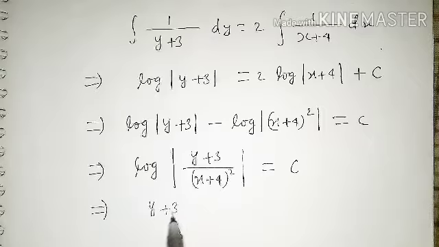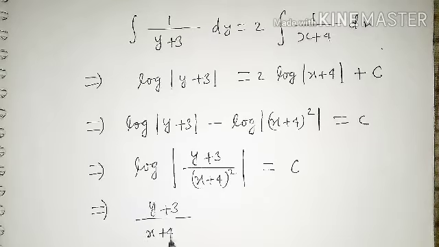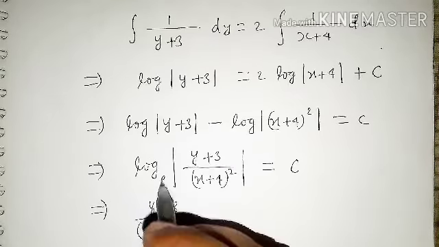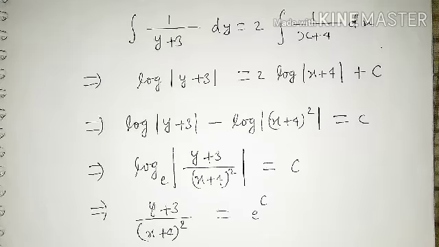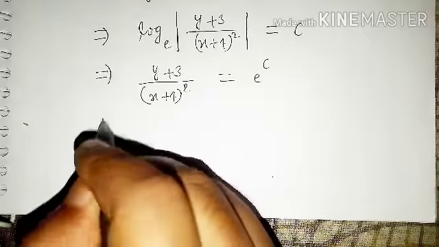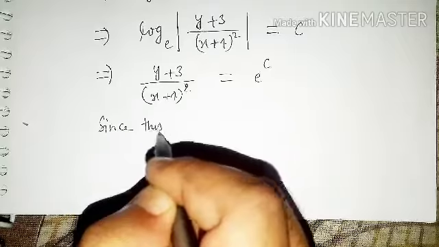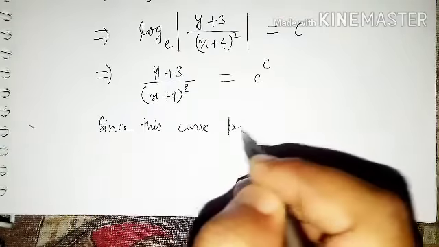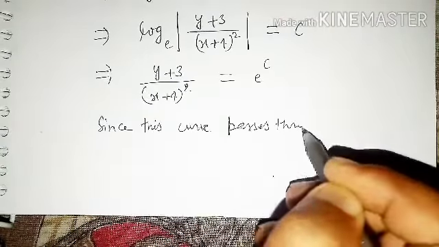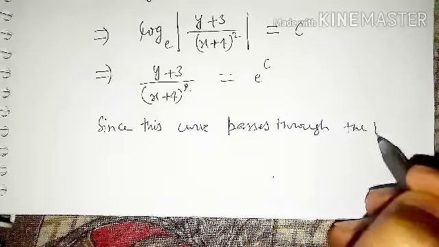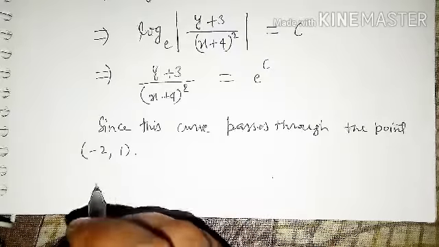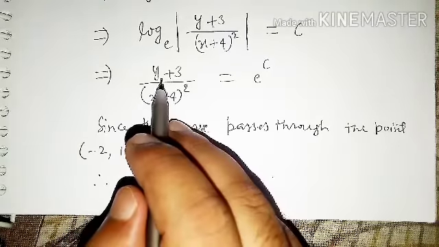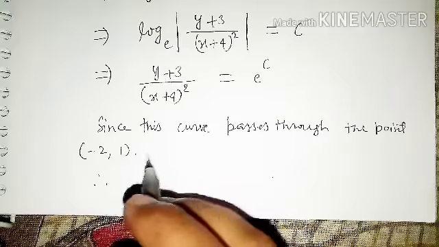From here we have (y plus 3) by (x plus 4) whole square equals e to the power c. Since this curve passes through the point (-2, 1), we put y as 1 and x as -2.